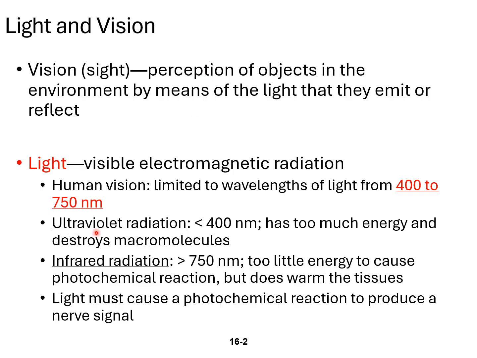So ultraviolet, which is below violet, is going to be below our ability to see violet or purple, and that's below 400. Infrared, above red, is going to be above the 750 that we can see. So we might not even know that it's there, but ultraviolet has a lot of energy because they're very small wavelengths.